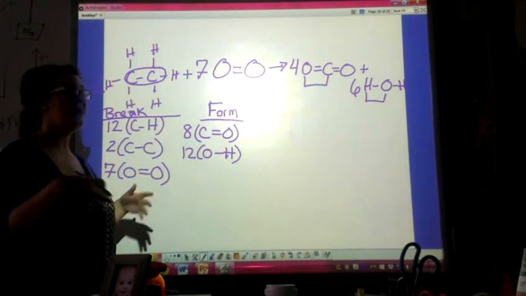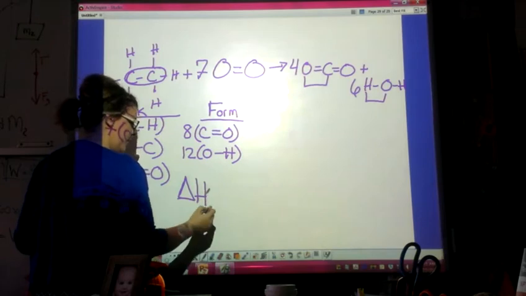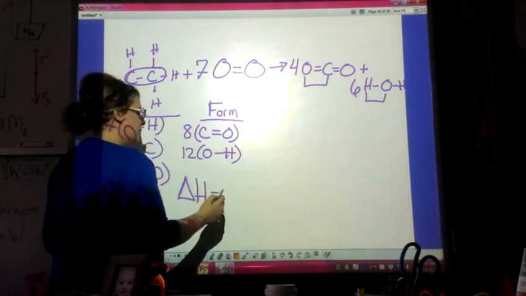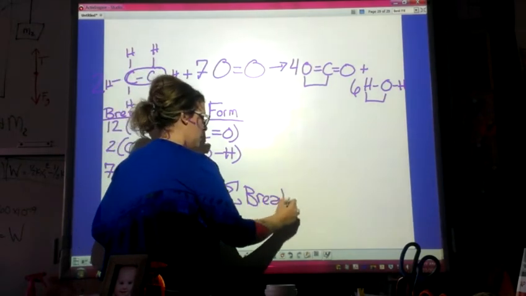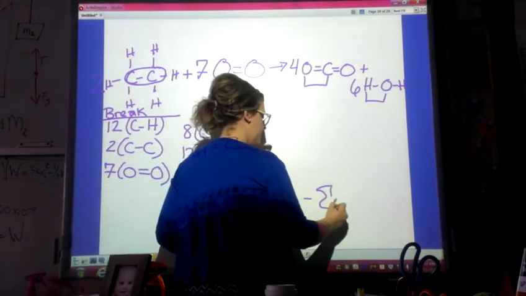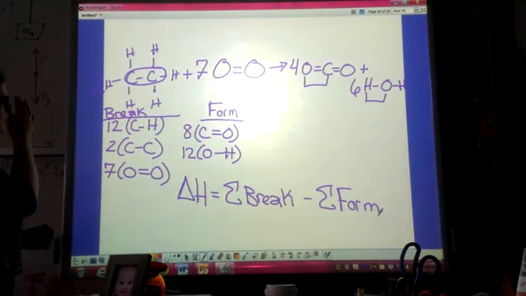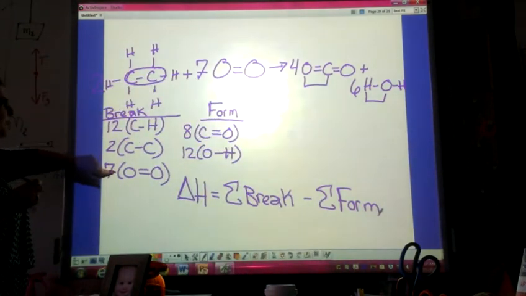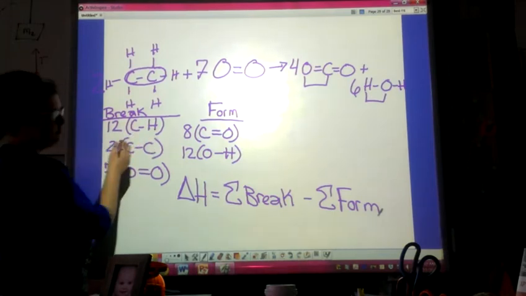Let's go back and do that equation, where to find the overall change in enthalpy, that's going to be equal to the sum of what I break minus the sum of what I form. And now I need to look at my table to find out what these numbers are. So the CH bond was 413.